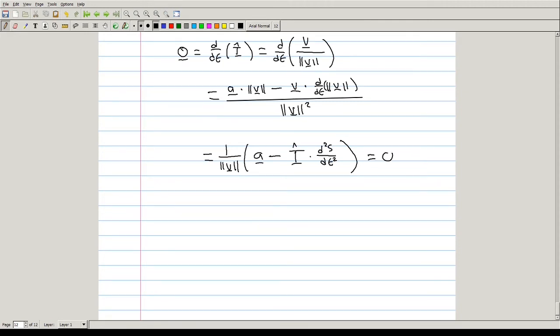And this is equal to 0. Remember that this expression right here is the same thing as the tangential component of acceleration. So what we've shown is that a minus the tangential component of acceleration is equal to the 0 vector, or this is just the normal component of acceleration is equal to the 0 vector. This is an alternative way of proving this.